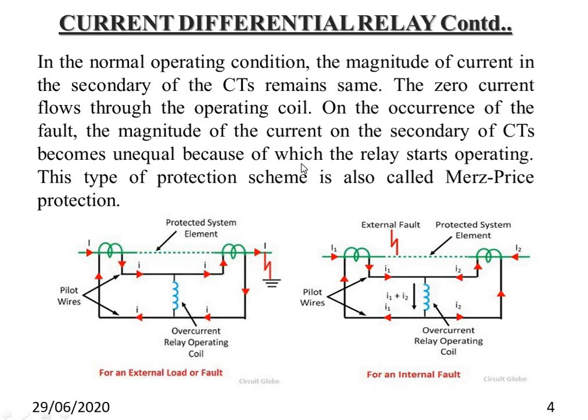If we want to protect that transformer winding, then that winding is the protection zone. If any fault occurs within the winding, or within this protection zone, then the differential relay will work.